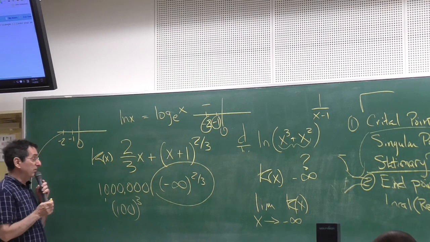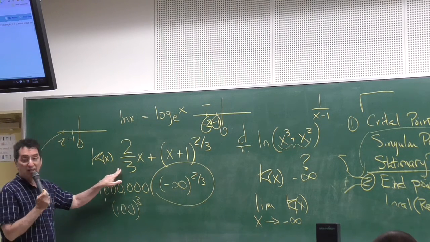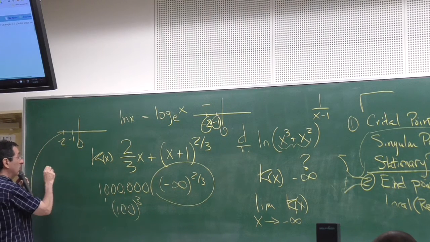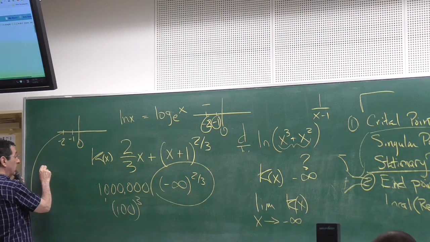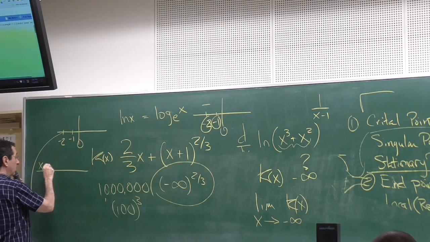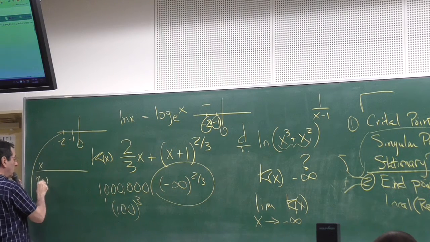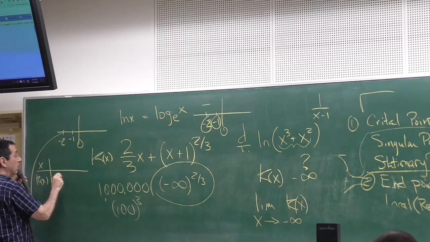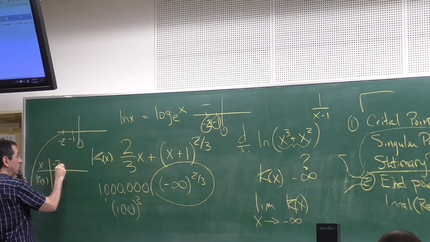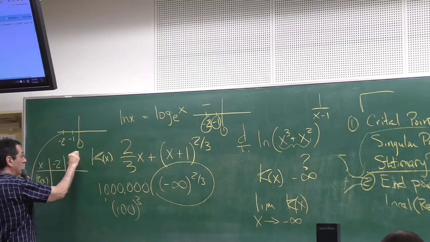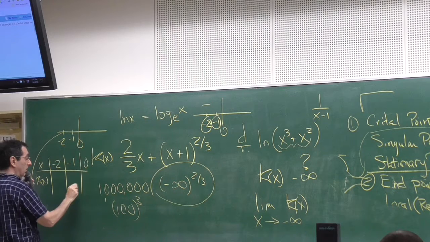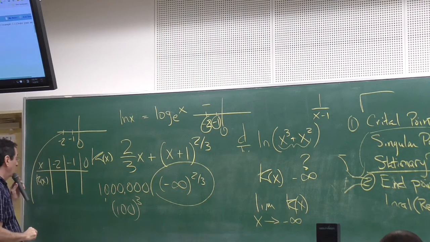So how do we do that? Here's k. We can ignore negative infinity, so we want to check when x is -2, -1, and 0.